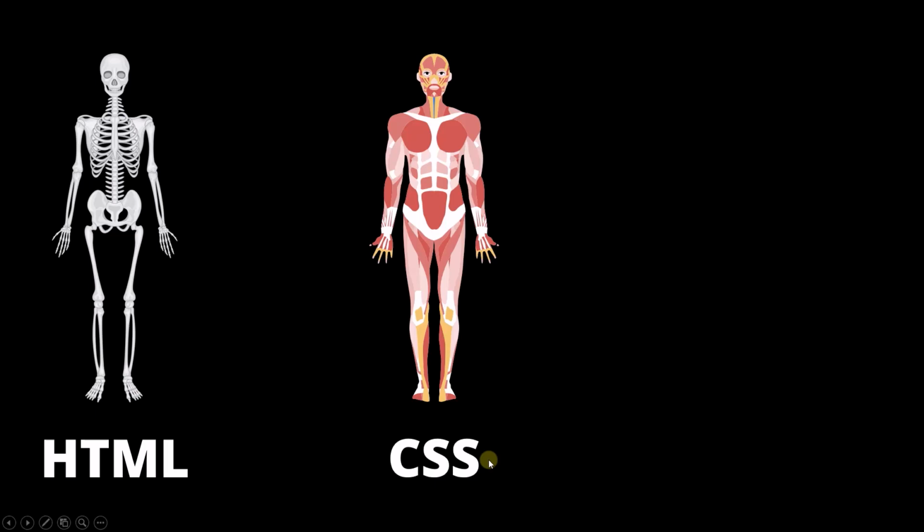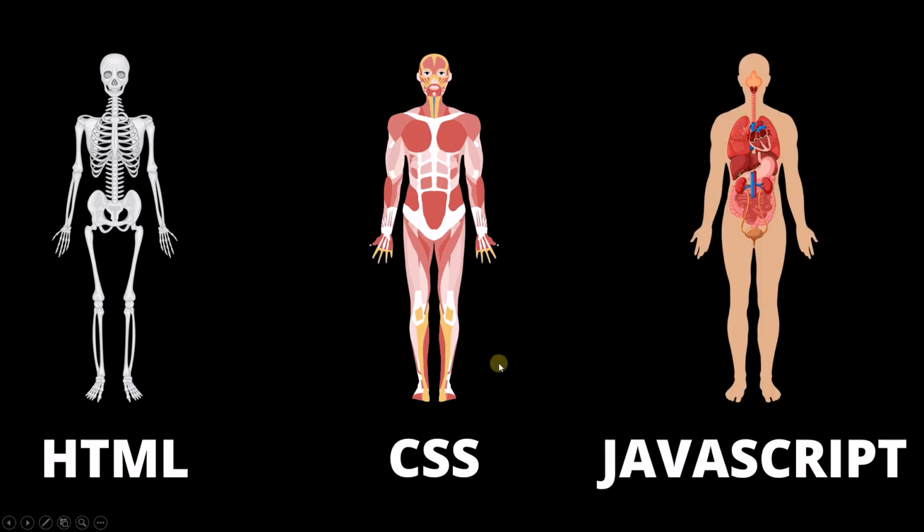Now, it is not enough if you have structure and if you have a beautiful body. It has to do some functions too. Correct? And that is where JavaScript comes. JavaScript adds functionality to the web page, just like various organs add functionalities to the body.